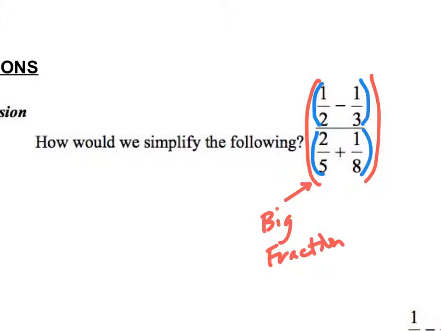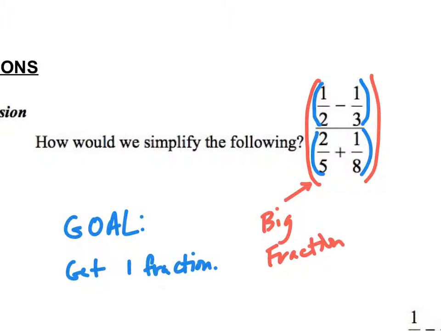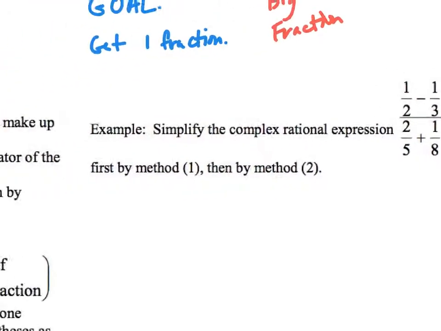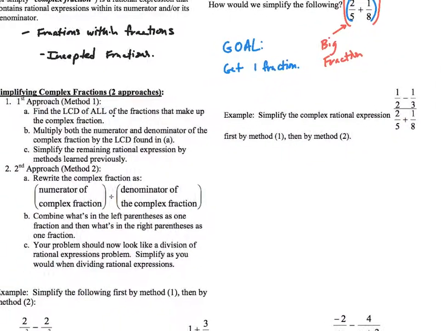Now our goal in this is to get one fraction out of this. Because what I see here is that I have this big fraction, and I have these other smaller fractions in my numerator and denominator. So we're going to learn how to simplify these complex rational expressions, okay?